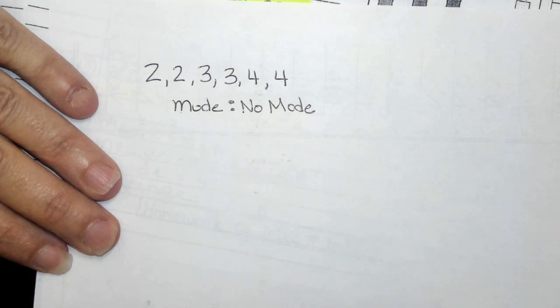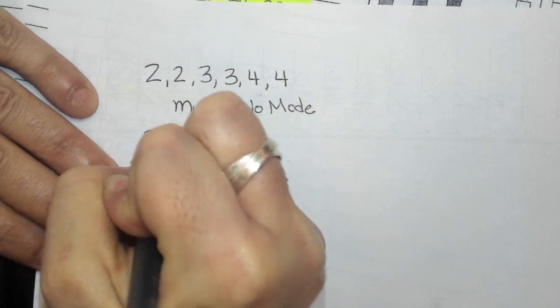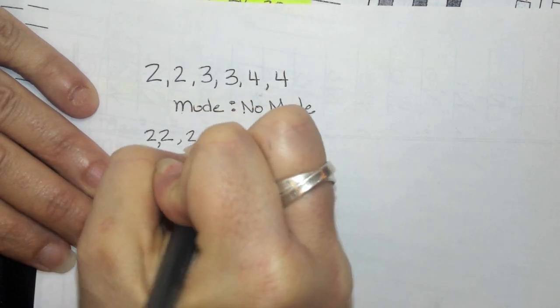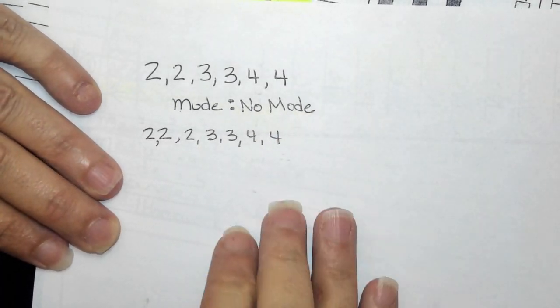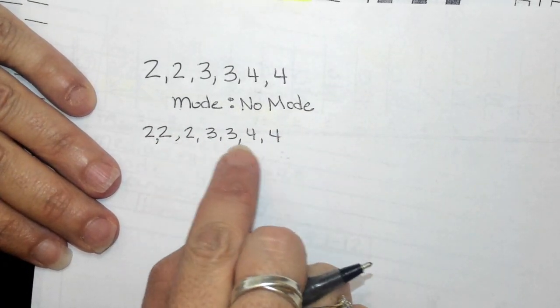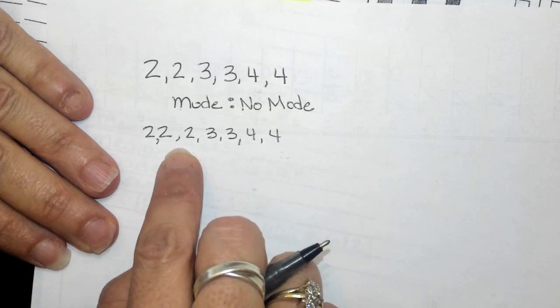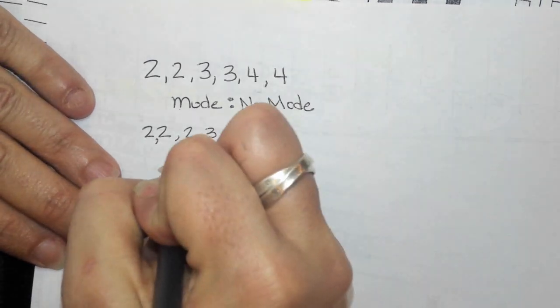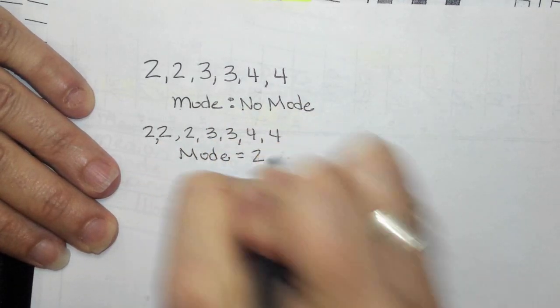Now, watch, because here's all it takes is one different number. Okay, on this one, what is my mode now? 2. My mode on this one is 2 because it is happening more than the rest.